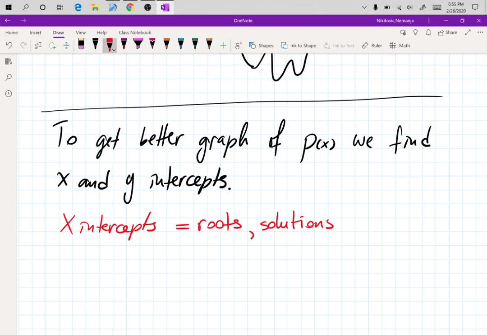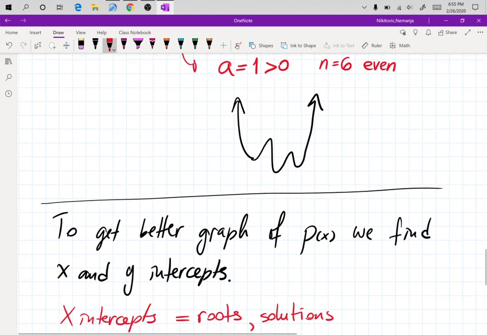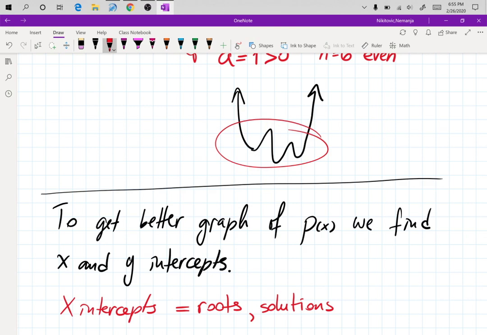Find the roots, find the solutions, find x-intercepts. All of those words mean the same thing. It means where the graph cuts through the x-axis, right? That's that. So we don't have to do whatever in here. We'll know exactly what happens.